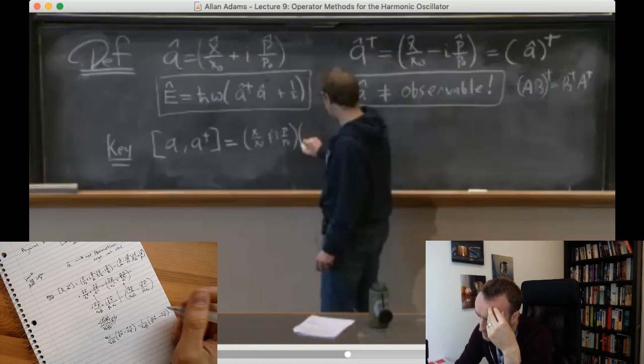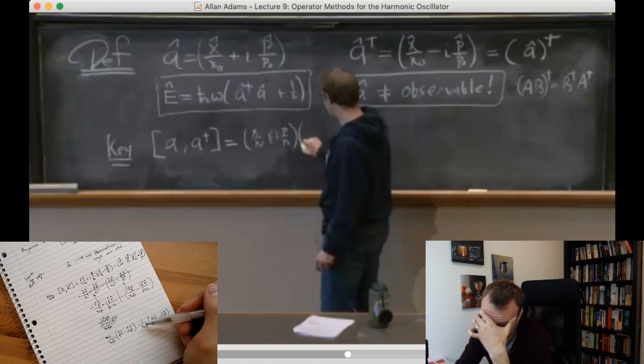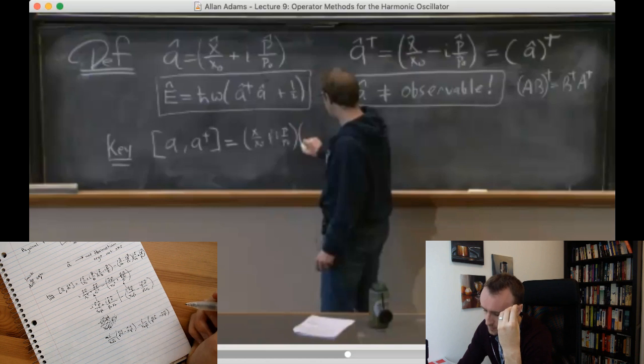This is probably plus because I flipped it around. No, but I got a minus sign here. Otherwise, it's the same or the opposite? No, it's opposite. So this has got to be, I think I flipped this around.